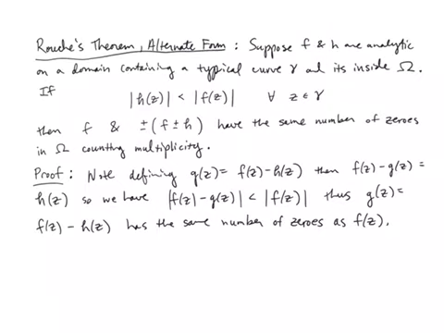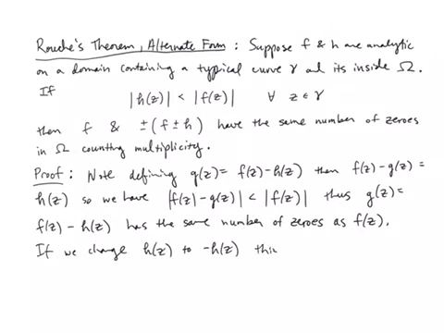So now to get the other ones, just note that if we change h of z to negative h of z, this doesn't change the hypothesis, so it doesn't change the inequality.